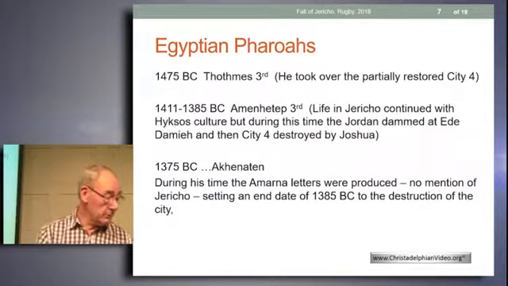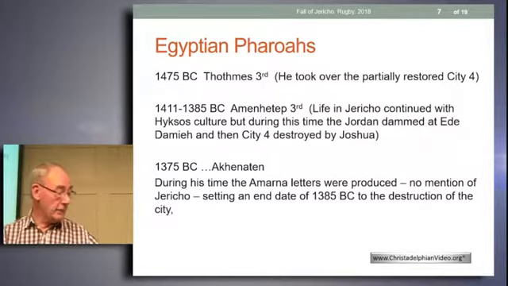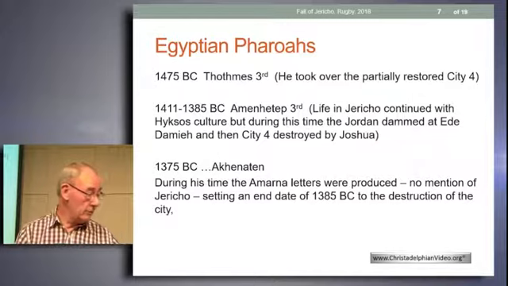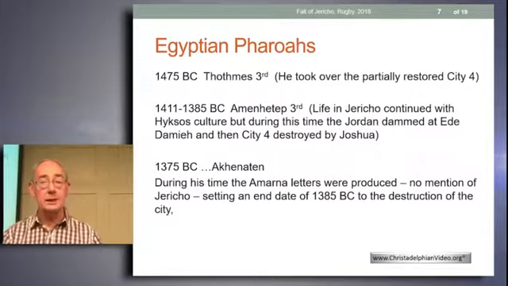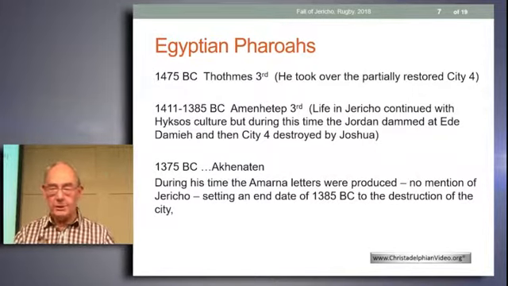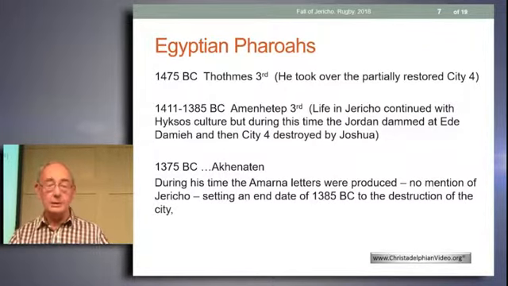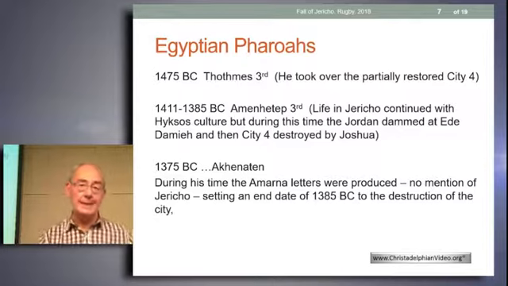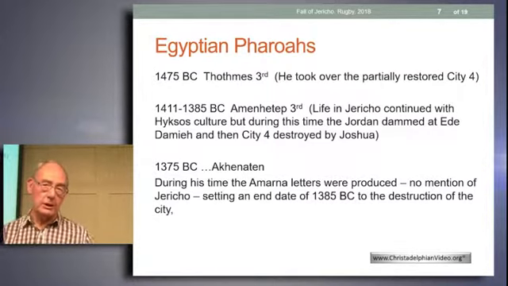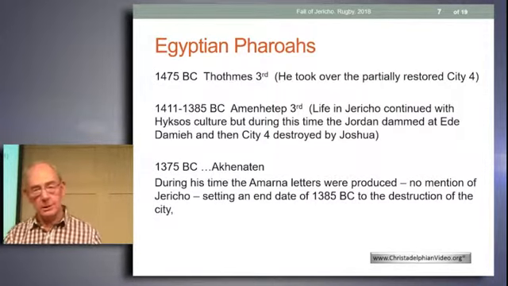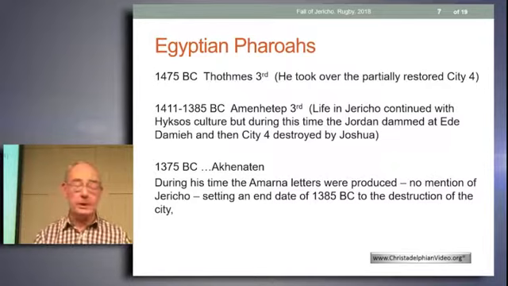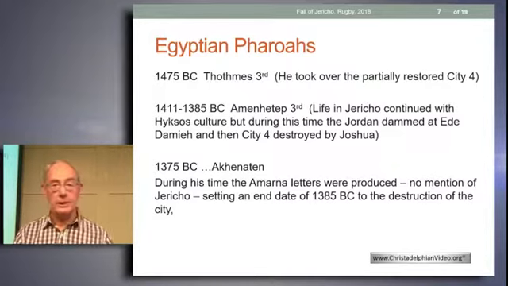The dating of these was about 1385 or 1375, 10 years later. Now that's interesting, because that means that the city didn't exist really, it had been effectively destroyed. So it sets a latest date for the destruction of Jericho, and Garstang considered that the most probable date was BC 1385.